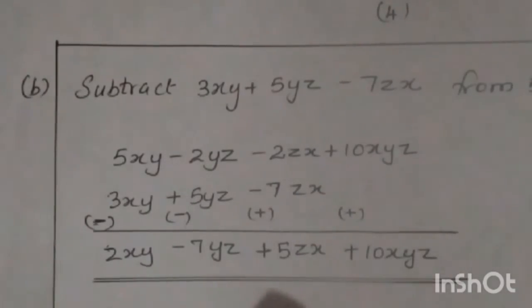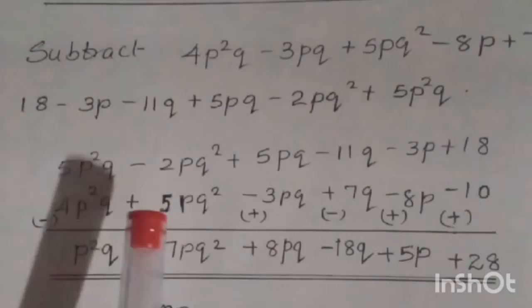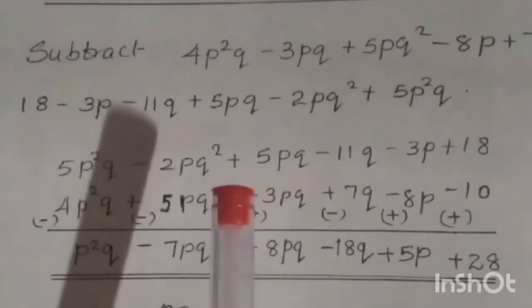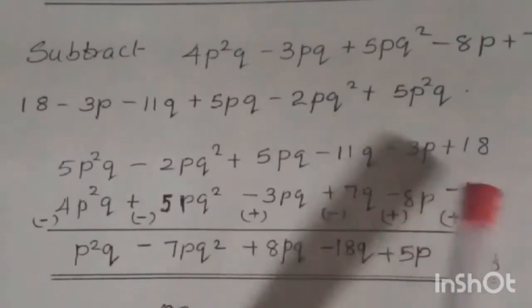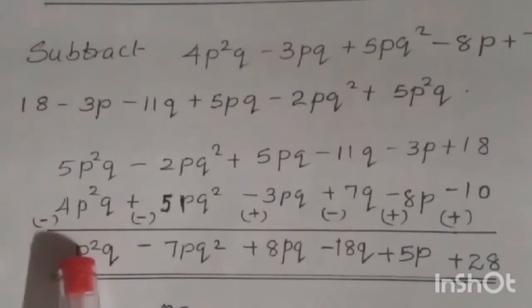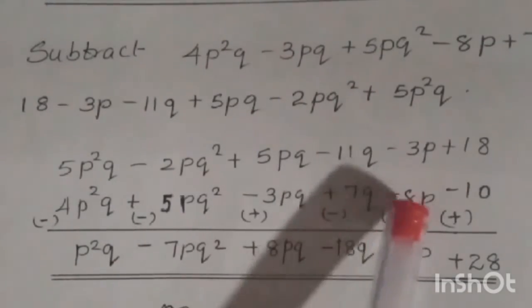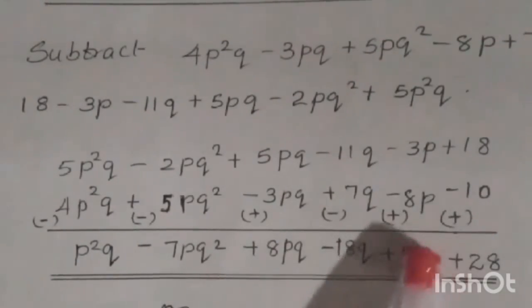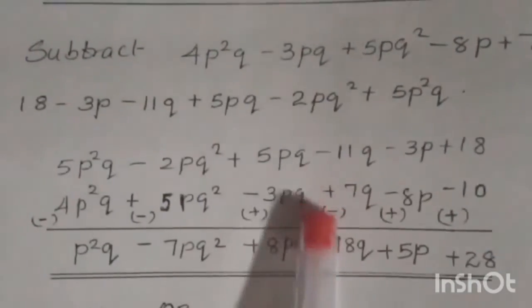Then 10xyz. 5p square q minus 2pq square plus 5pq minus 11q minus 3p plus 18. Below that write 4p square q plus 5pq square minus 3pq plus 7q minus 8p minus 10. Now change the sign of that second expression. Negative becomes positive, positive becomes negative.